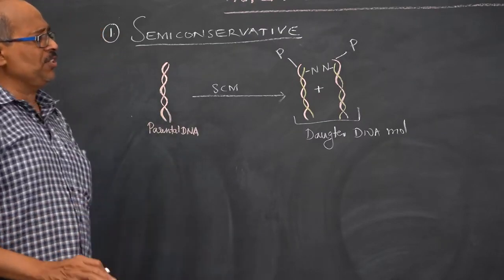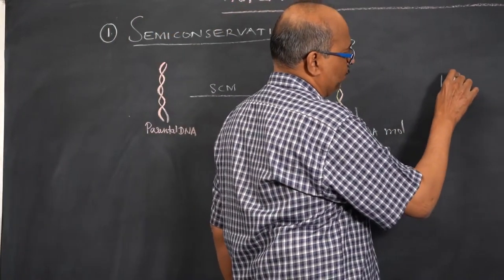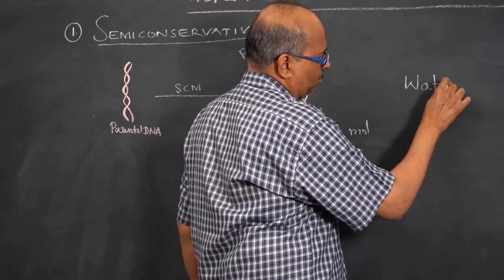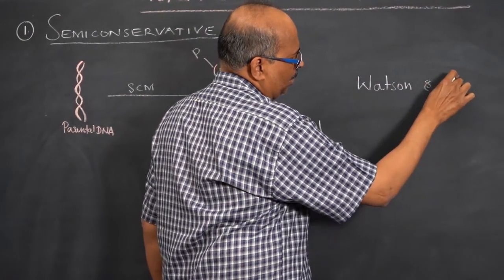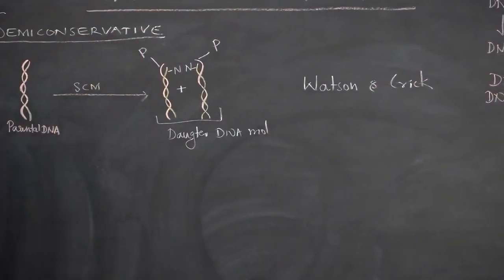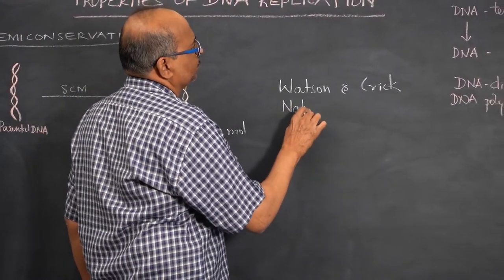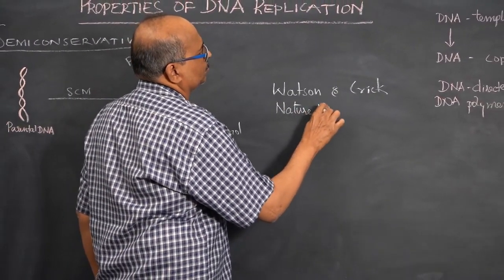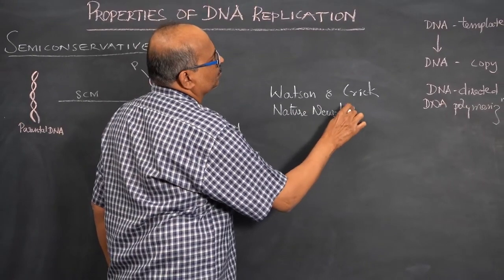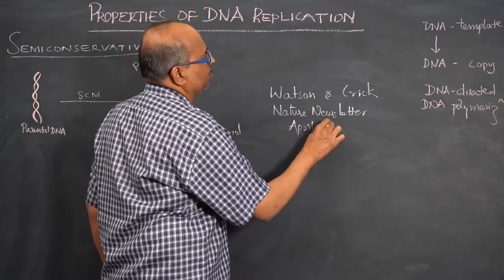This particular feature of replication was given by Watson and Crick. This was published in their Nature newsletter of April 1953.